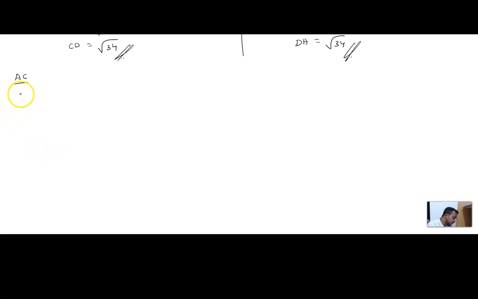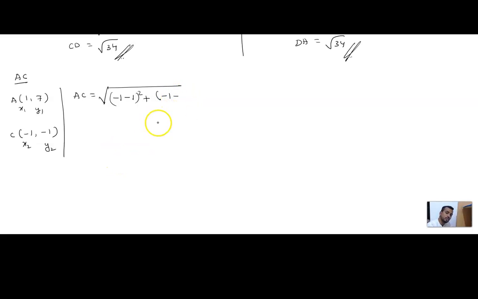So what are the coordinates of A? A coordinates are 1 comma 7 and C coordinates are what, children? Minus 1 comma minus 1. Correct? AC, this is x1, this is y1, x2 and this is y2. So AC is equal to root of x2, that is minus 1, minus x1, that is 1 whole square, plus y2, that is minus 1, minus y1, that is plus 7 whole square.